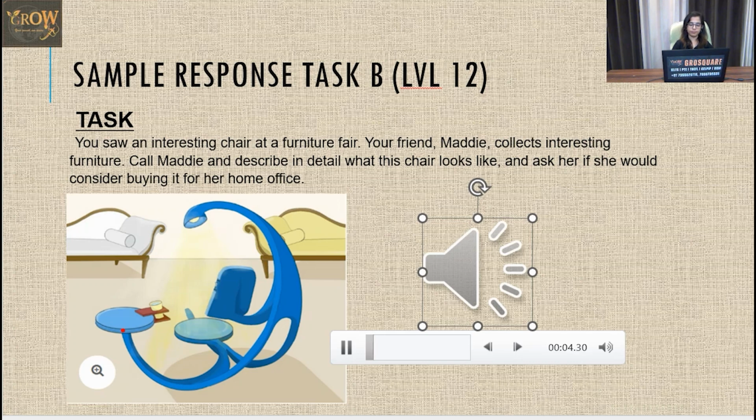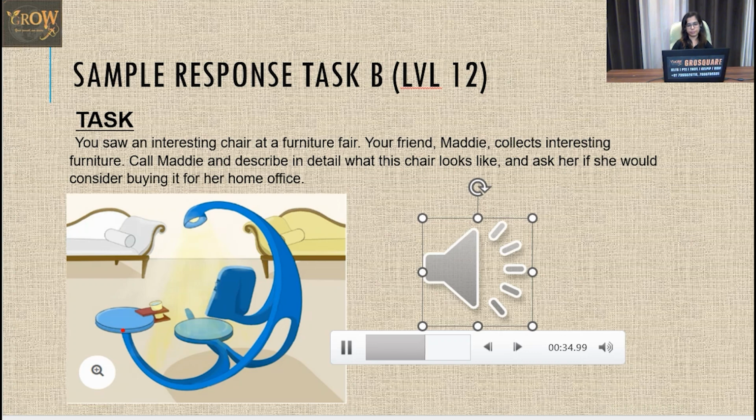Hey Maddie, I found this interesting collection of furniture. This is a chair designed in blue, and the structure looks so different, like we see in the movies. This has a headlight, and you have a coffee holder to hold the coffee, and it gives good back support and an adjustable seat, and it is circular.